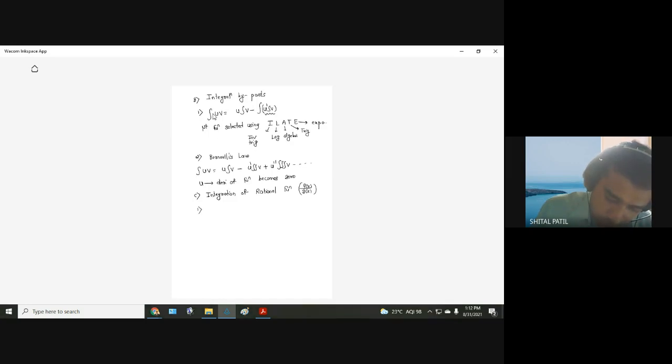First, we know this, f dash of x divided by f of x. Whenever the derivative of the denominator is in the numerator, the answer is log of f of x. But many times it is not so. So we use partial fractions.